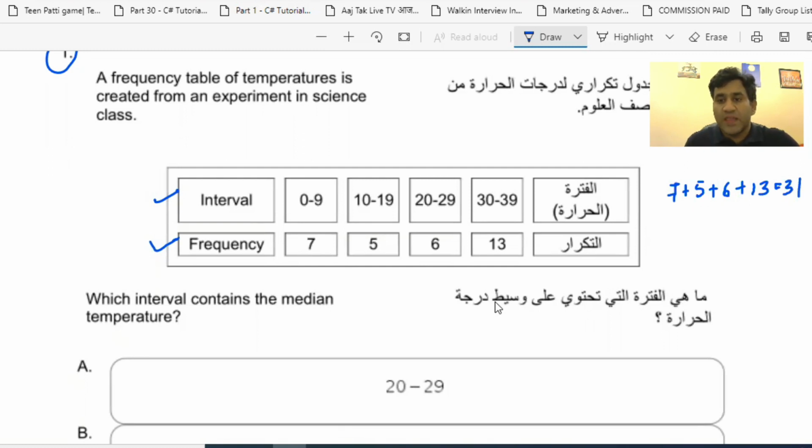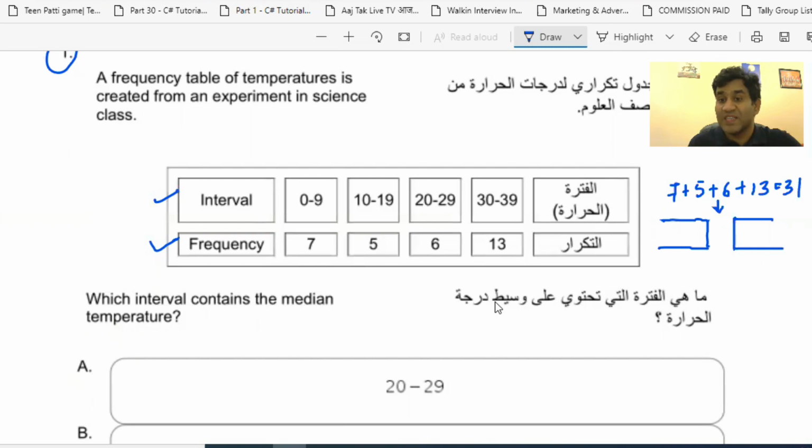If there are 15 intervals this side and 15 intervals this side, then your median will be the 16th, because a total of 31 data points have been collected. Out of that 31, 15 I can consider on the left side and 15 on the right side. The data at the 16th position will be your median.